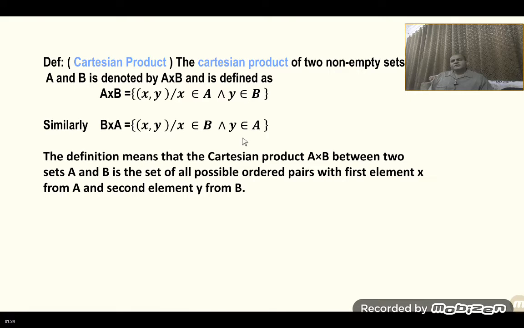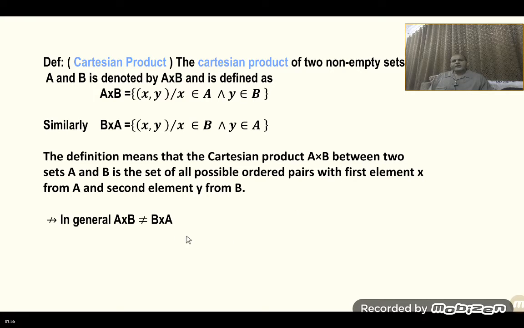This definition means that the Cartesian product A cross B between two sets A and B is the set of all the possible ordered pairs with the first element X from the first set and the second element Y from the second set.